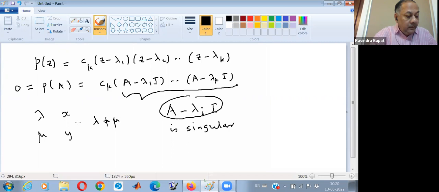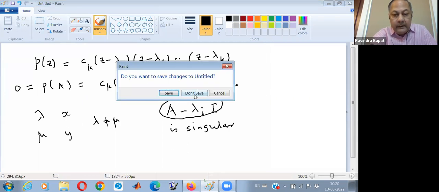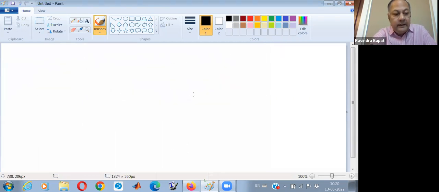So let us talk about the multiplicities. We talked about the eigenspace. The eigenspace is a vector space, as we saw, and it is the space of all x such that Ax equals lambda x, where lambda is fixed.